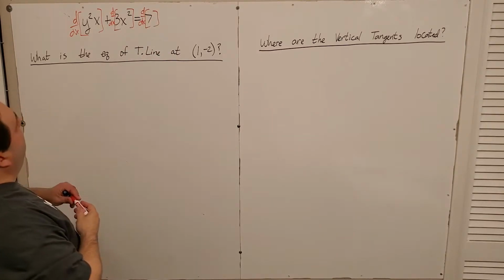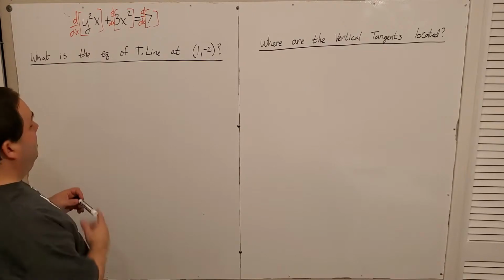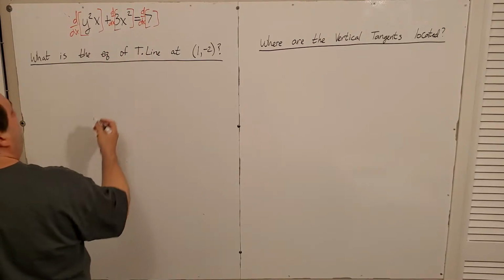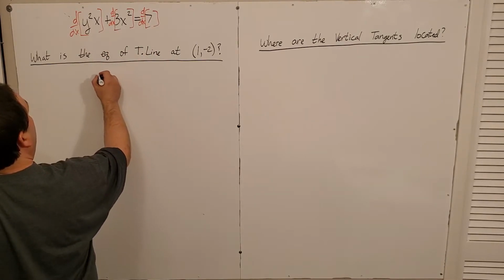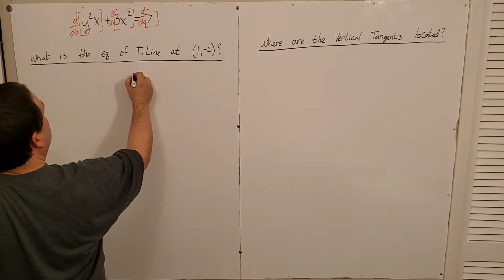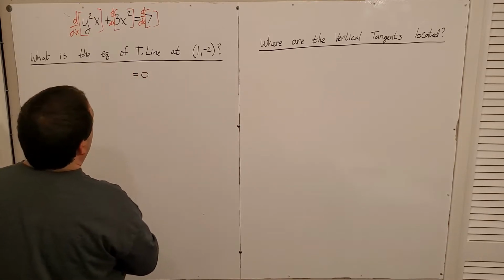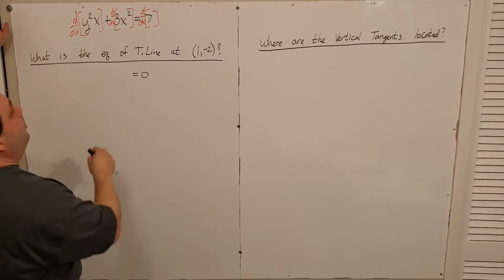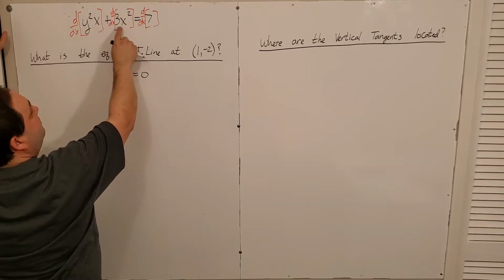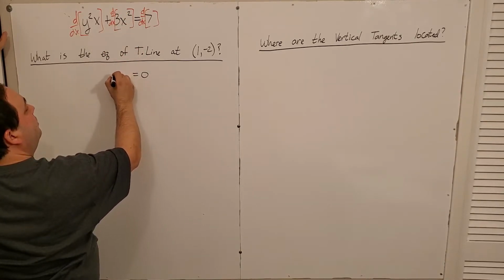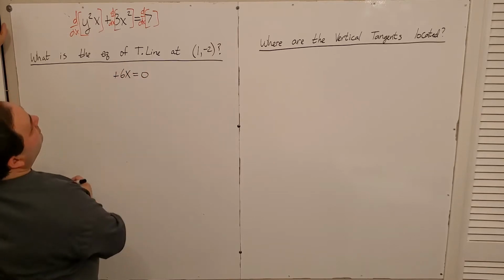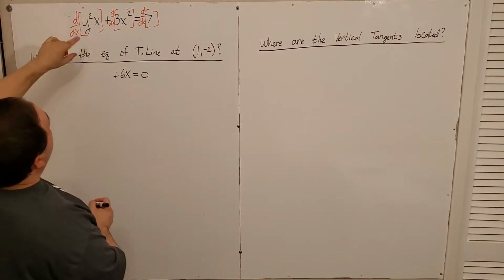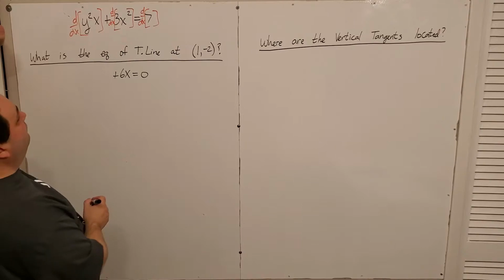I know, a little messy. Sorry. Right side's the easy side, right? That's going to be equal to 0. All right, another easy part. D over dx of 3x squared, that's just going to be plus 6x. Right? Easy part.